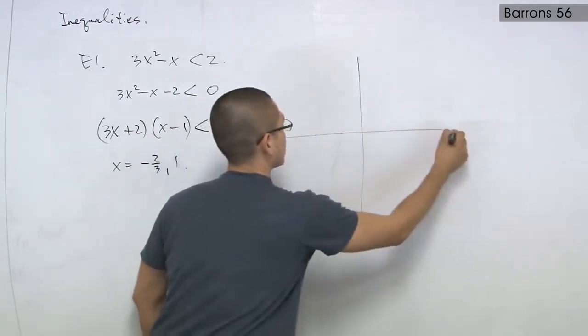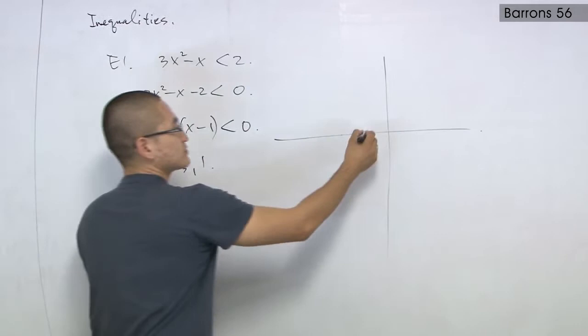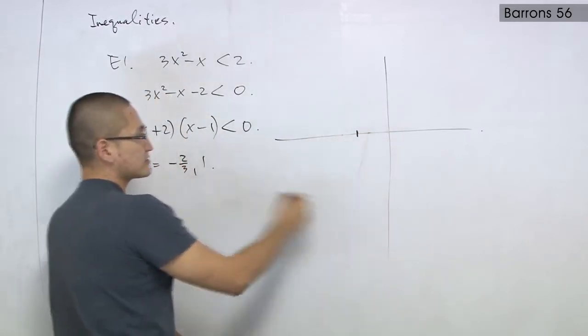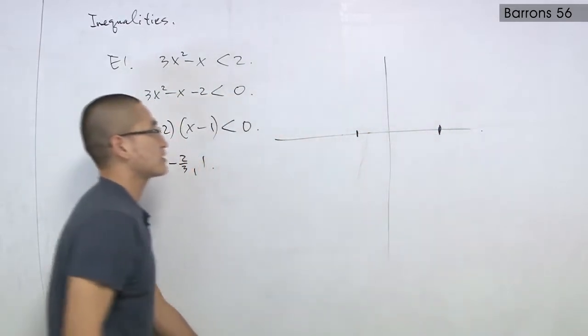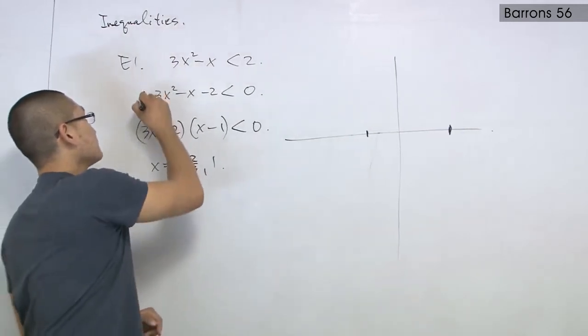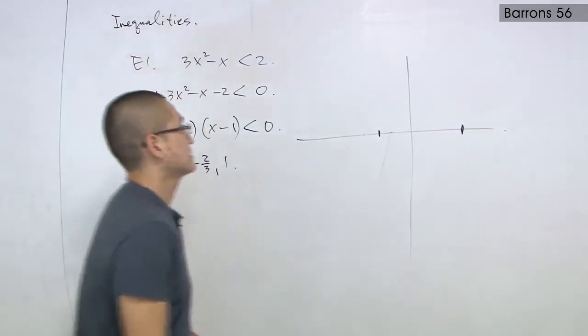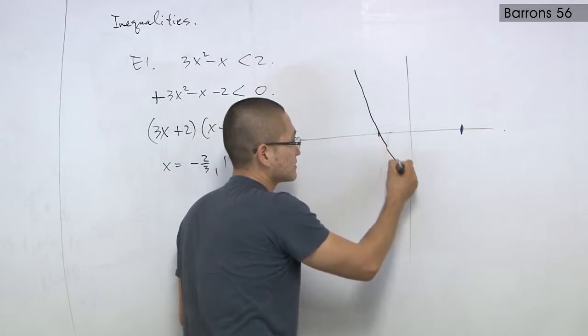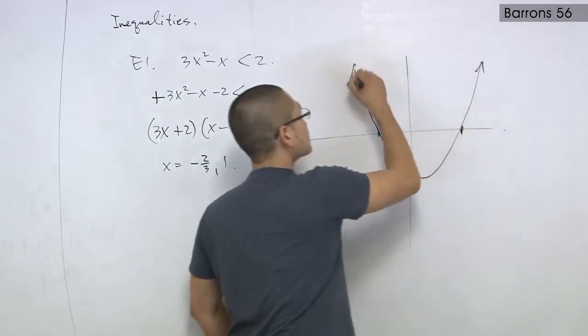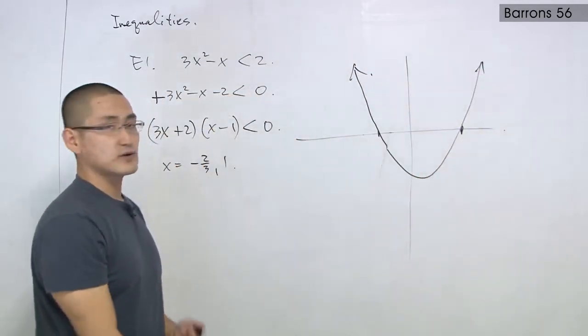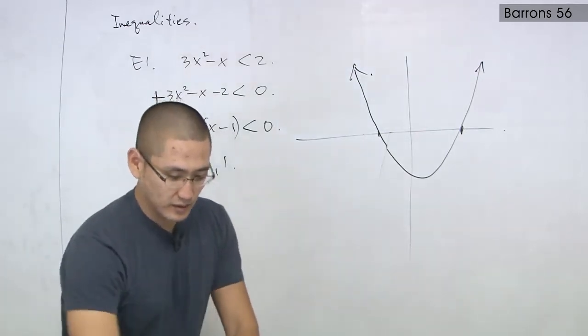We have minus 2 over 3 somewhere here and positive 1 over here, and we're going to go concave up because that's positive. So we're going to get something like this, right? And I am looking for points that give me less than 0.